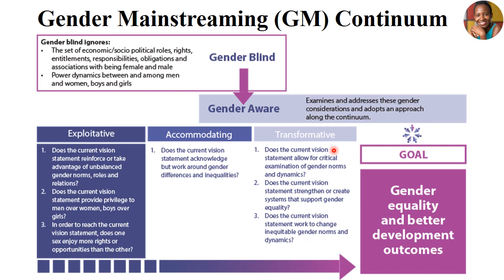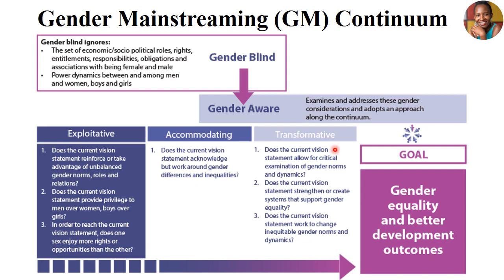So if you find that more women spend a lot of time looking for water from rivers or access points, then a person who is gender transformative tries to come up with solutions that create easily accessible water points, preferably near homesteads or within the homesteads, rather than allowing women to walk long distances to fetch this water. So the transformative continuum works around changing inequitable gender norms and dynamics and providing a platform for gender equality.